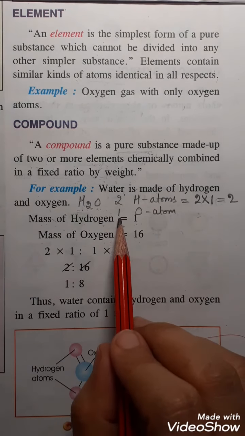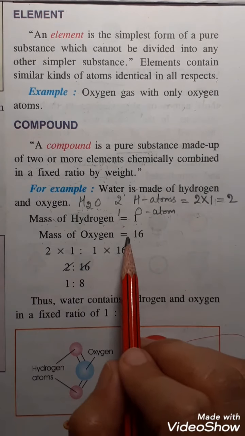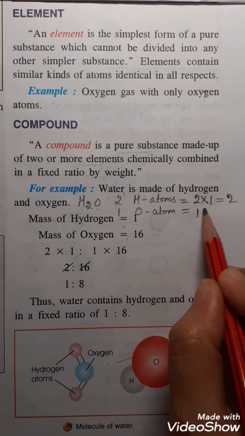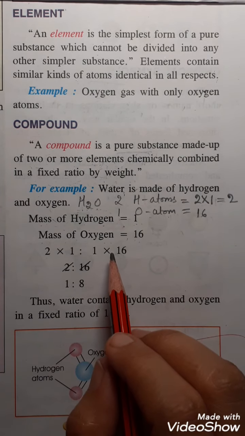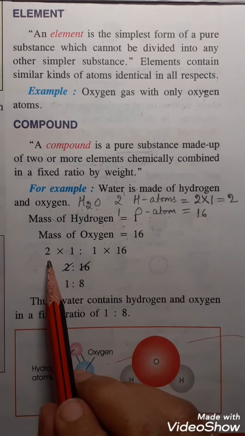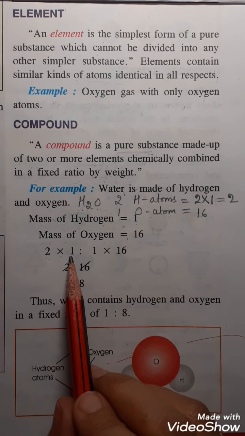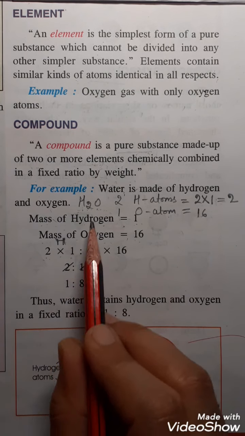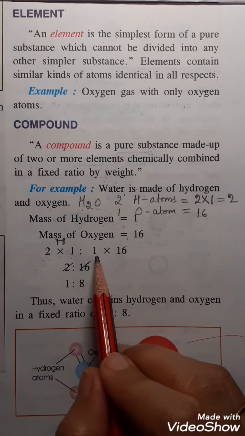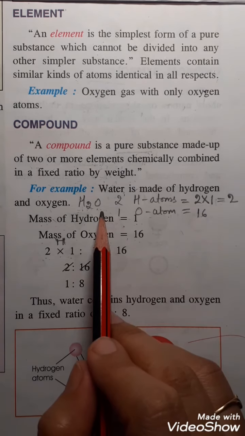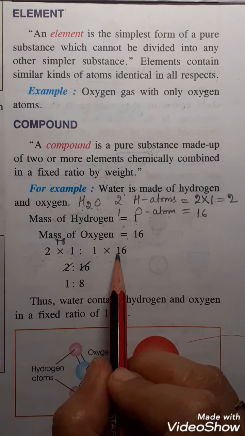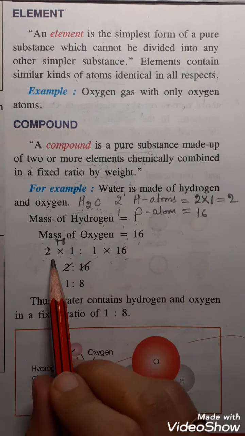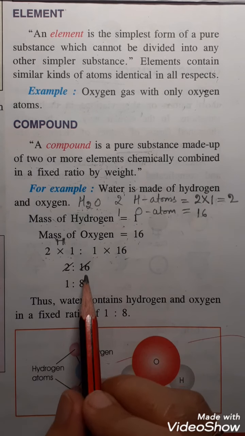And over here 1 oxygen atom, mass of 1 oxygen atom is 16, so mass of oxygen in water will be 16, right? So it can be written as 2 into 1 for the hydrogen, 2 atoms of hydrogen into the mass of 1 hydrogen atom, and here 1 oxygen atom multiplied with mass of 1 oxygen atom, that is 16. So 2 into 1 is 2 and 1 into 16 is 16.